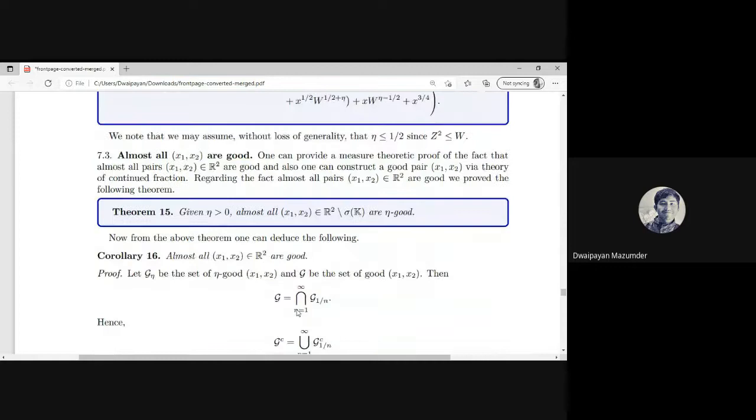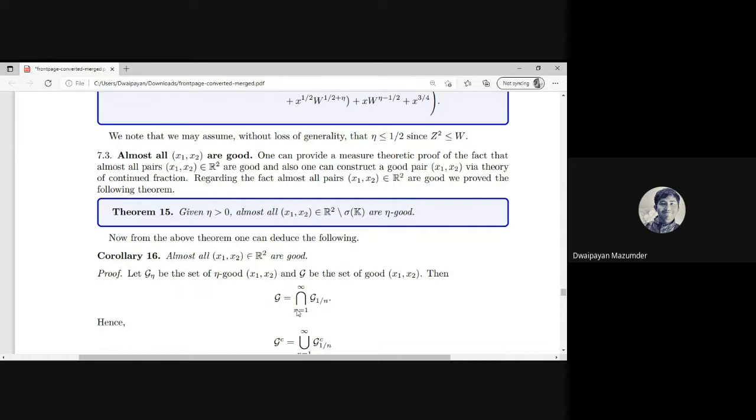And now you can ask whether there is any good pair. So yes, in the paper we have actually constructed a good pair by the theory of continued fractions. And for the record, we know how to prove that almost all x1, x2 are good. That is, the bad set has measure 0, and that can also be proved.